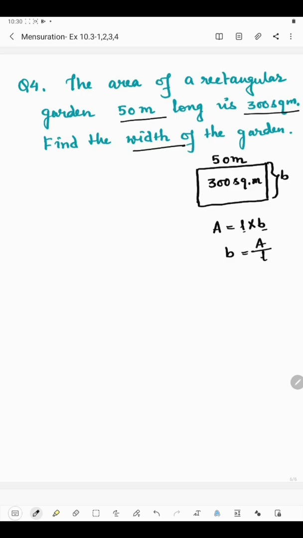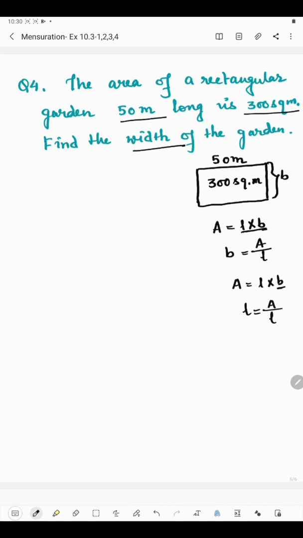So we will just remove L from there, and since it is given in multiplication form, after changing side it will be division. So area will be divided by length to get the breadth. Similarly, if breadth is given and you have to find the length, then the formula will be area divided by breadth.